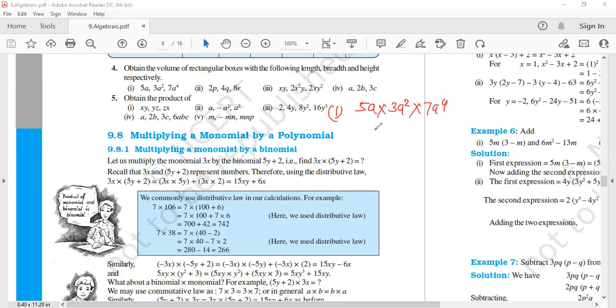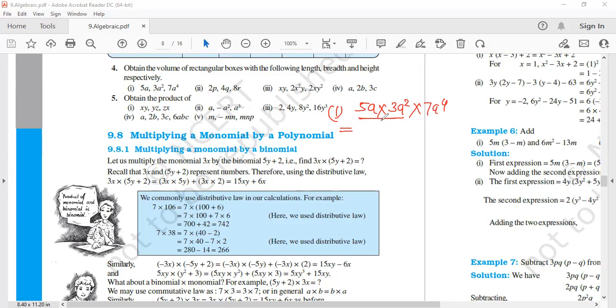Now first part. 5a into 3a square into 7a power 4. First you will multiply two of them, then whatever answer you get, multiply by 7a raised to power 4.